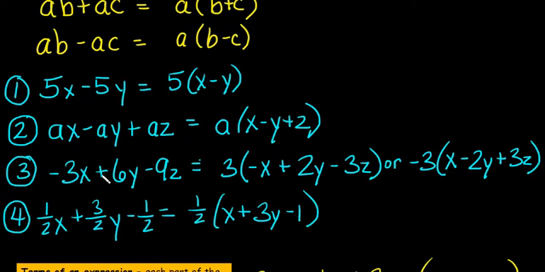Negative 3x plus 6y minus 9z. Hopefully when you look at something like this, you see that 3 can go into 3, it can go into 6, it can go into 9. So if you take out 3, divide by 3, you're left with just a negative x. Divide 6 by 3, you're left with 2y.